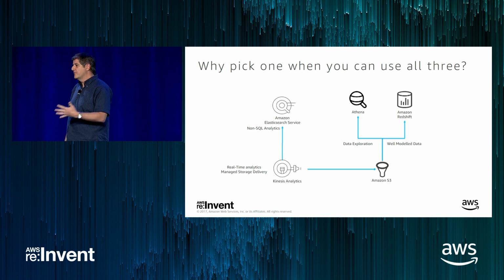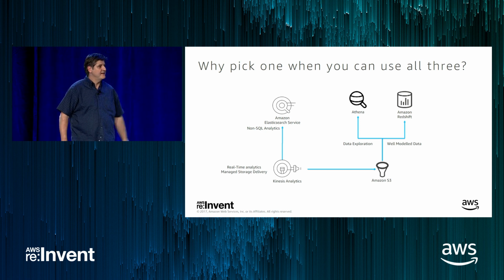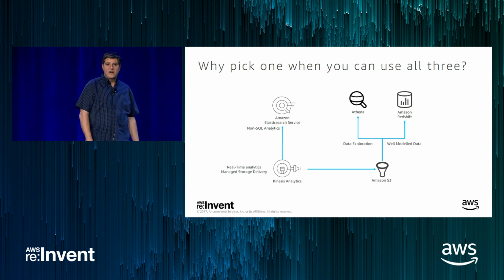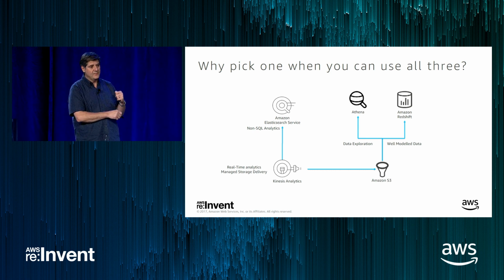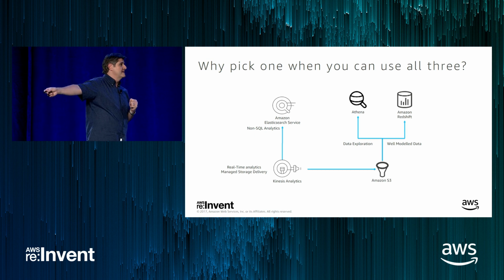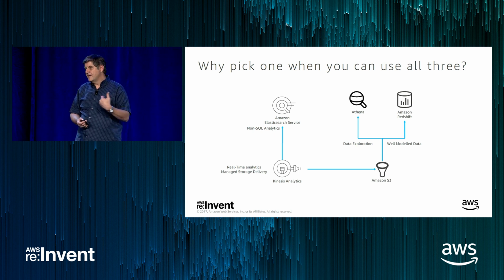You might be going through S3, maybe your operational databases occasionally export and dump stuff in S3, which you can then query with Athena to see if there's anything useful in there, which, if you do find it, you might then write an ETL job to go from your OLTP system directly to your data warehouse. And the nice thing about these combinations is that you start using the right set of tools.